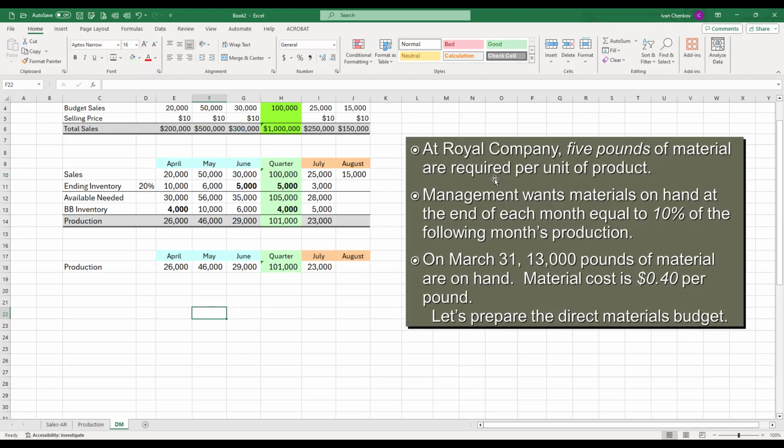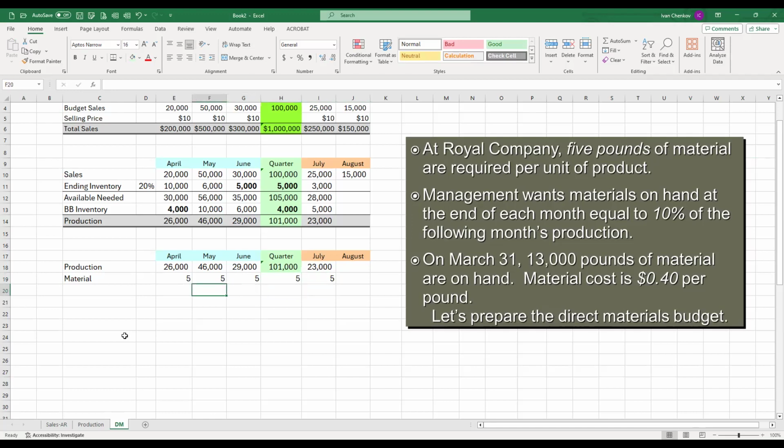First, at this company, 5 pounds of material are required per 1 unit of product. How much material do we need? 5 pounds times the amount.